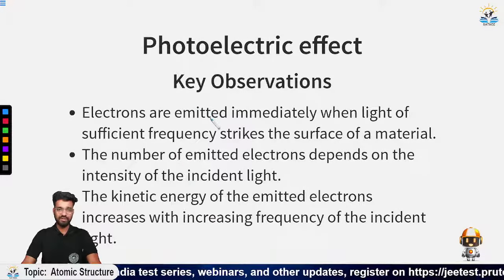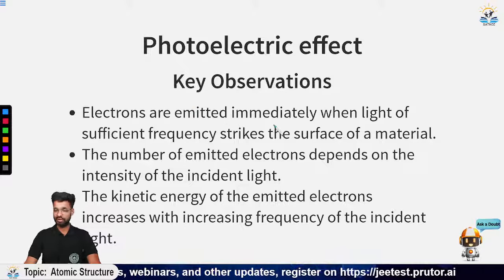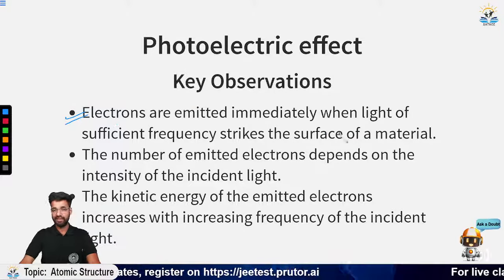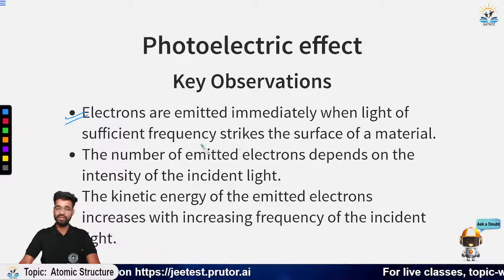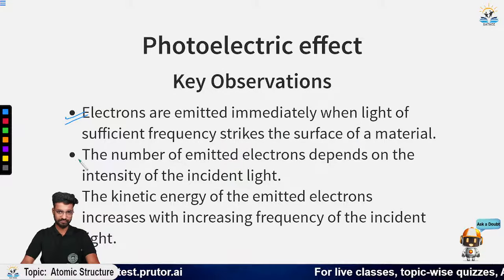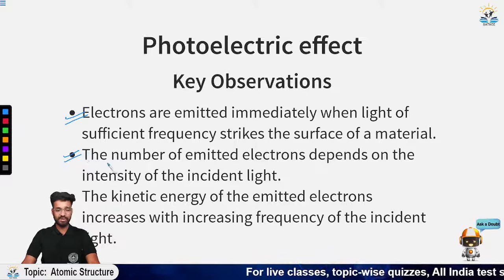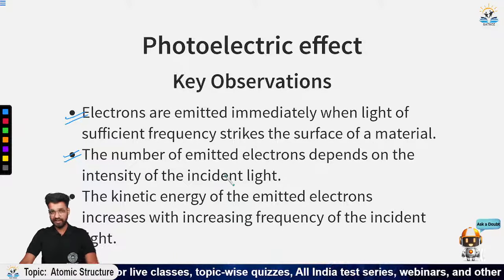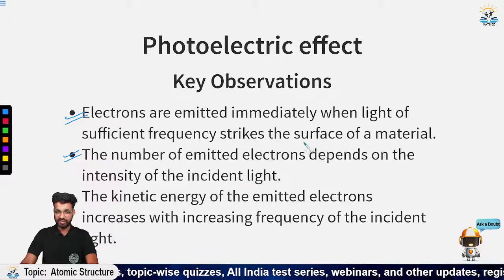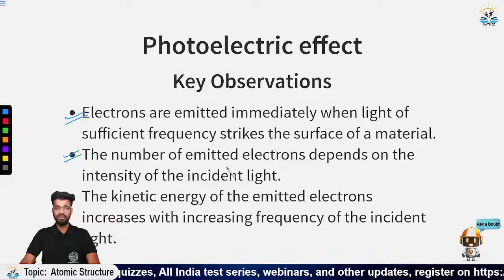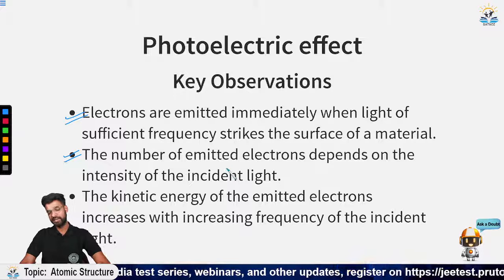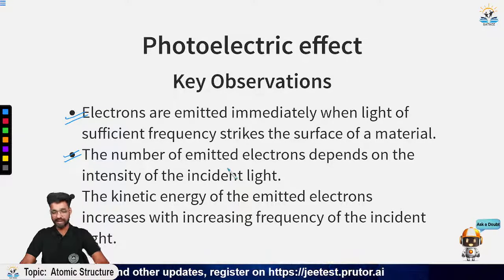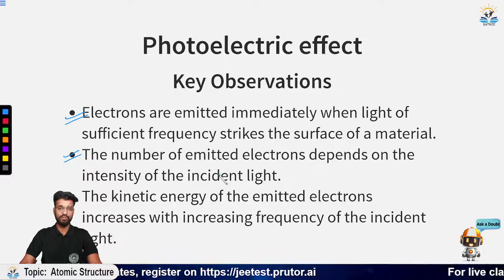So what are the key observations? I'm going through it thoroughly again. The first key observation: electrons are emitted immediately when light of a certain frequency strikes the metal surface. The second and most important point is that as we increase the intensity of light of sufficient frequency, meaning the same frequency, the deflection increases; with more light intensity, more current is observed.